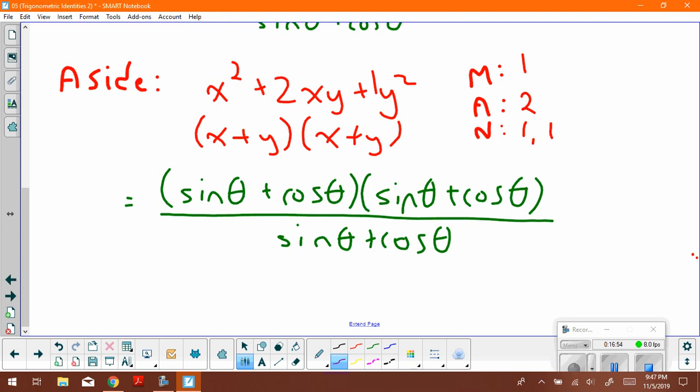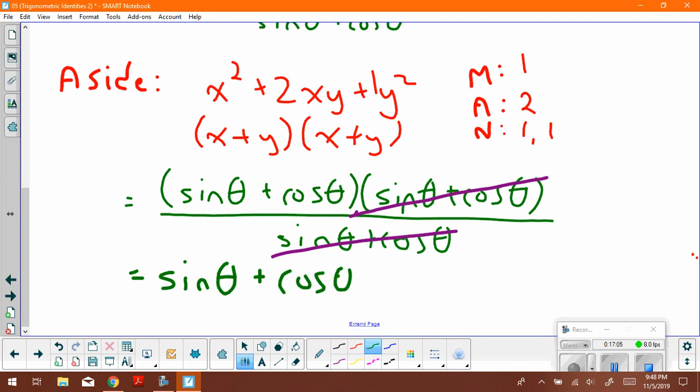I've got 3 of these, so I can cancel 1 with the one in the denominator, and I'm left with sine theta plus cos theta, which was the left hand side. There's a lot going on in that one. Recognizing you have to turn the 1 into sine squared plus cos squared, and then noticing that it's quadratic and that you are able to factor it. So that was definitely a difficult one to see what's going on.